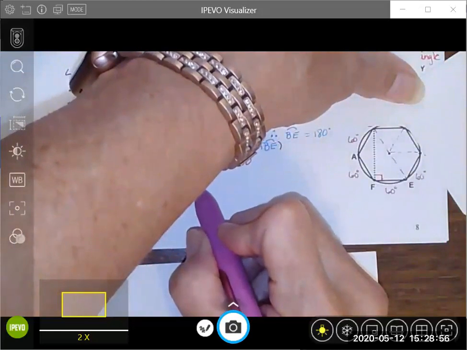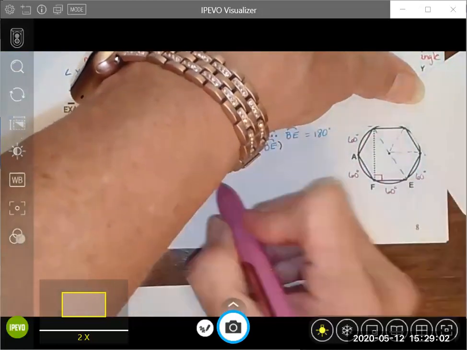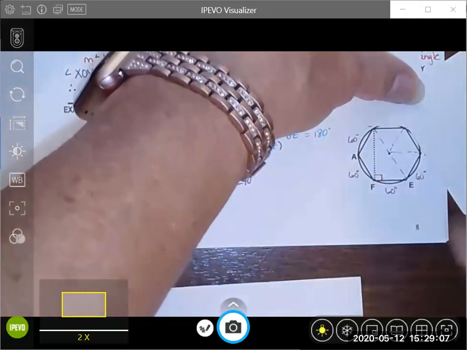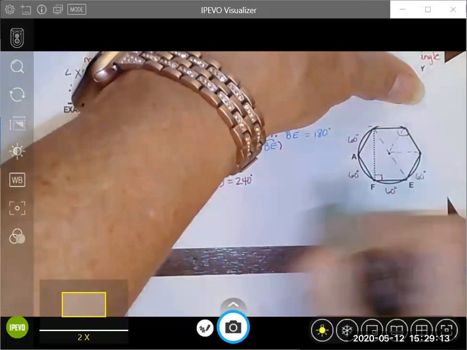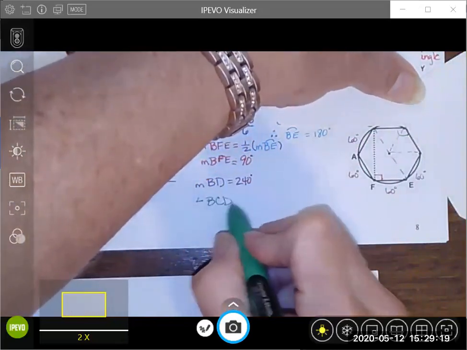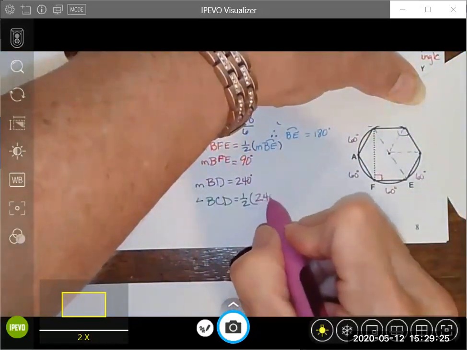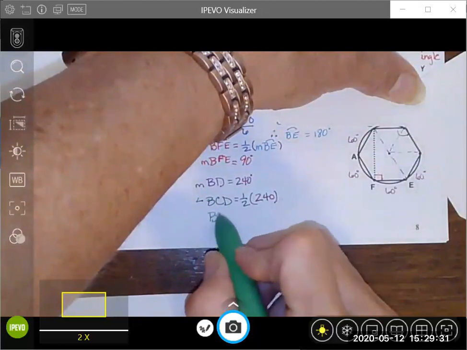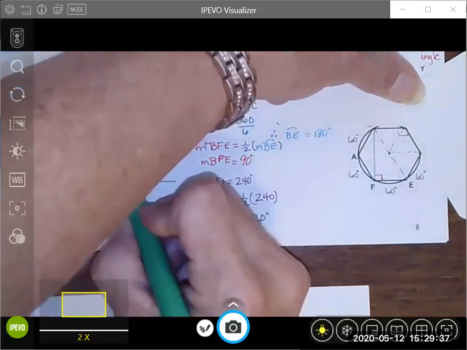So if I know that arc, this is B all the way around to D, if I know BD is equal to 240 degrees, then I can use my angle relationship, and I can say that this angle, BCD, is going to be half of my arc, which we said was 240. Therefore, BCD is going to be equal to 120 degrees.